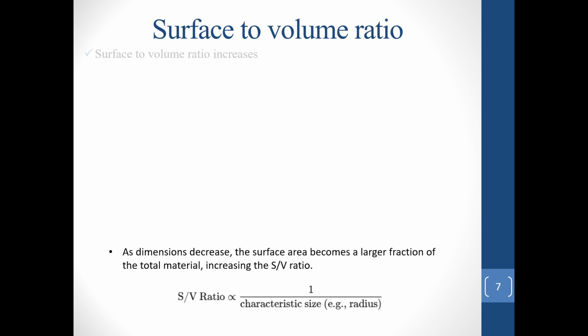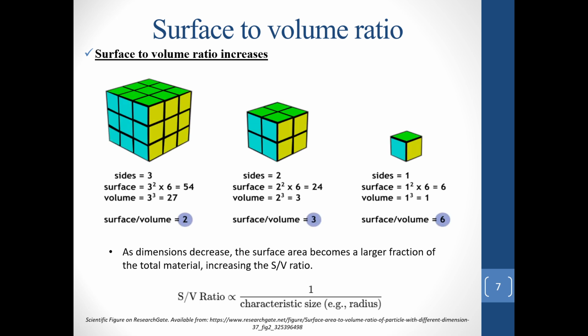Okay, now move on towards the surface to volume ratio, which also gets increased. In a 3D system, you know that all dimensions are greater than 100 nanometer, only their faces are in touch, and once you go into small dimensions like 2D, then more surface to volume ratio takes part.